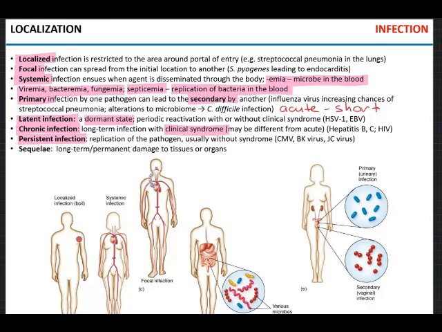So, the only reason why I use persistent infection is to specifically describe a very unique situation, when you have a reproduction of potentially pathogenic microorganisms without clinical symptoms. Now, I'm going to use BK virus and CMV.